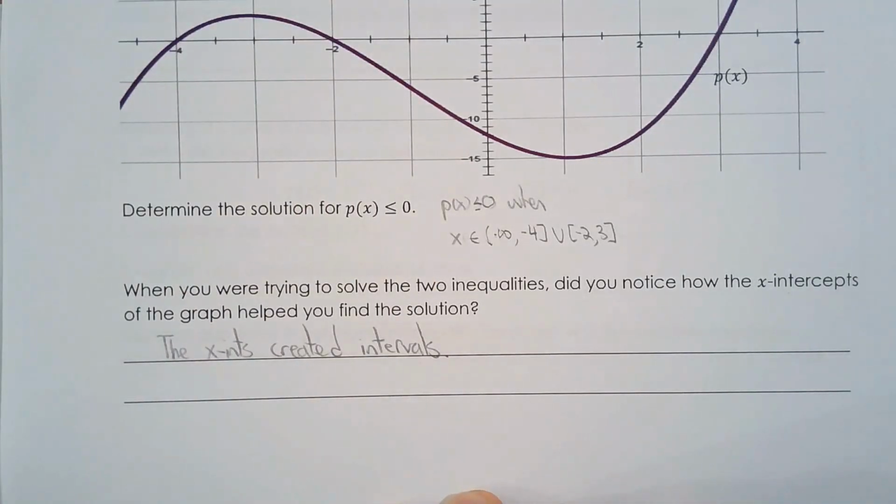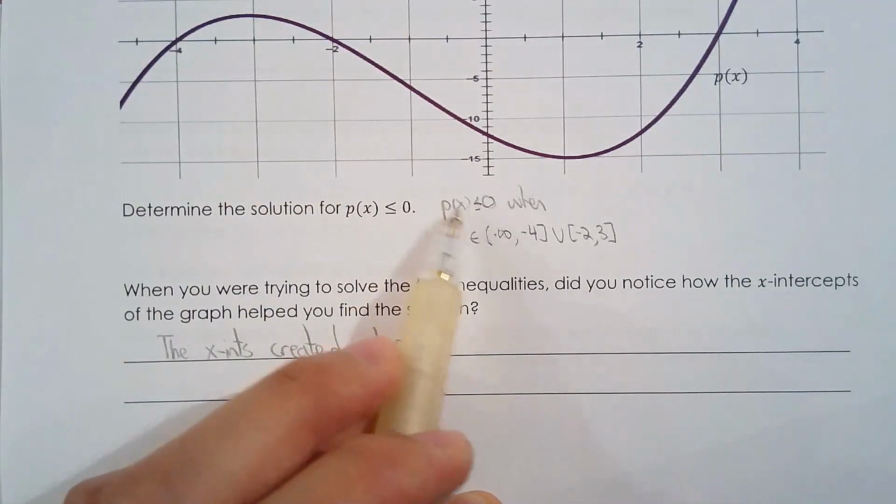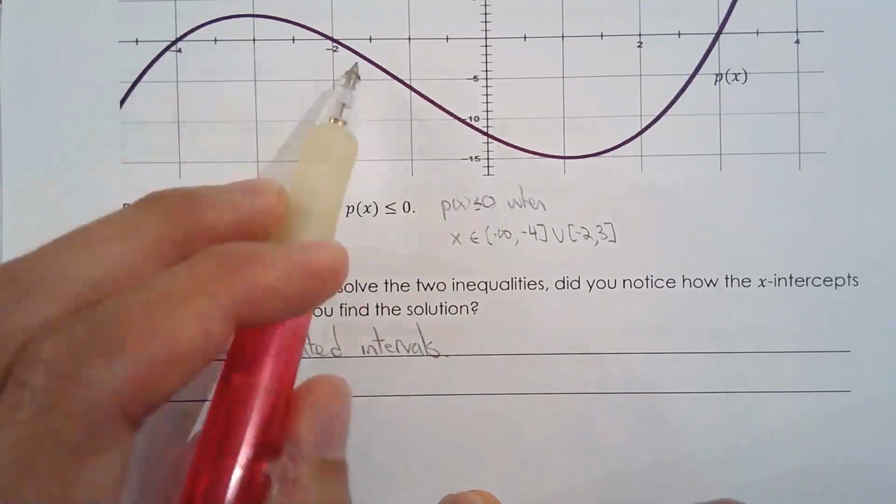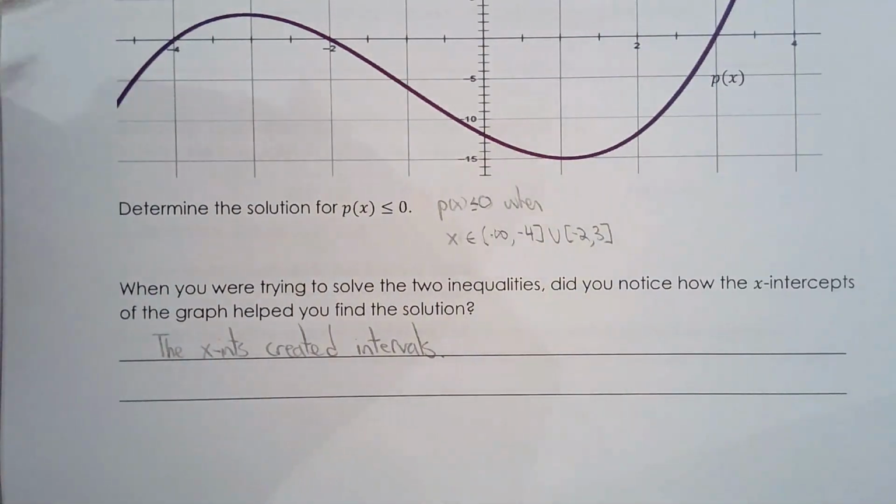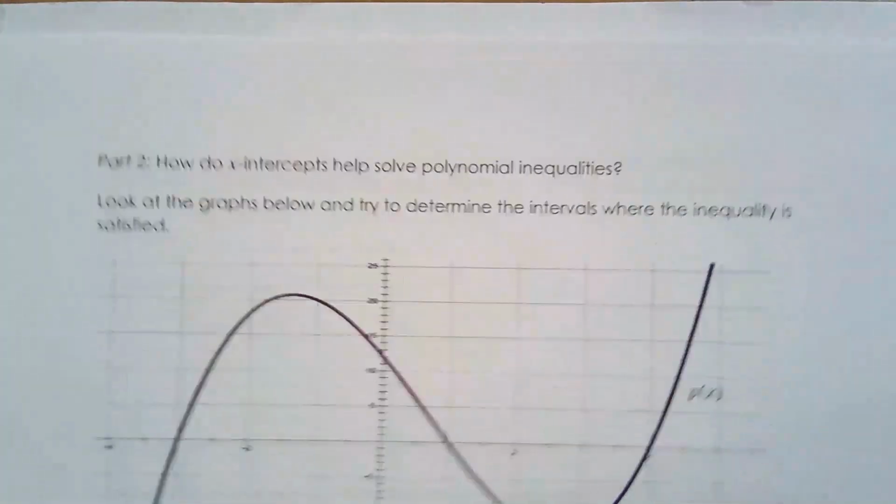Okay? They created intervals where the function is positive and where the function is negative. So I can easily answer when p of x is less than or equal to 0 just by looking at where my x-intercepts are, because those are creating intervals for me. Okay? So, we're slowly working up there.